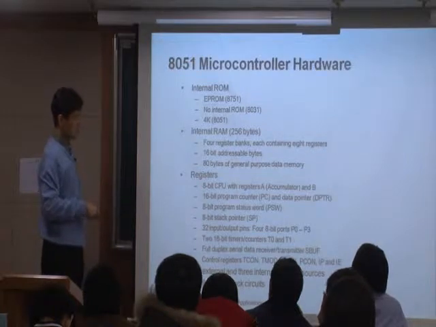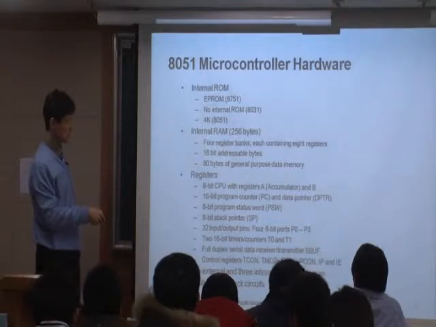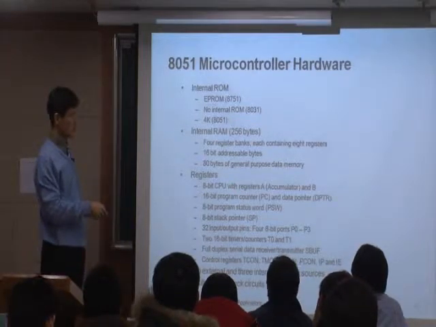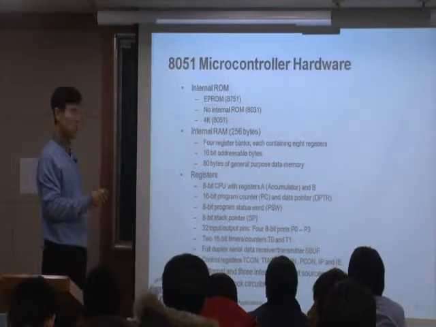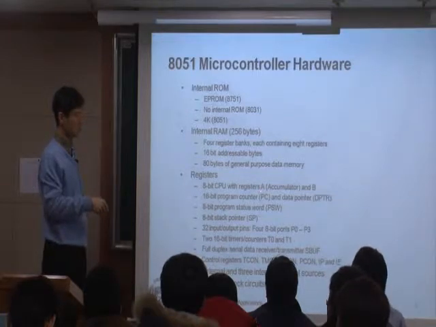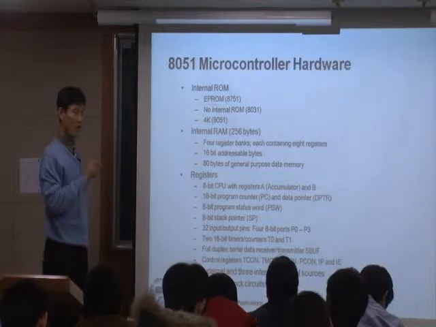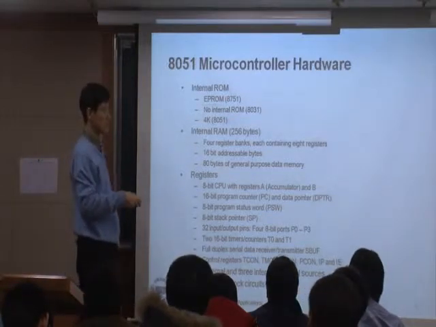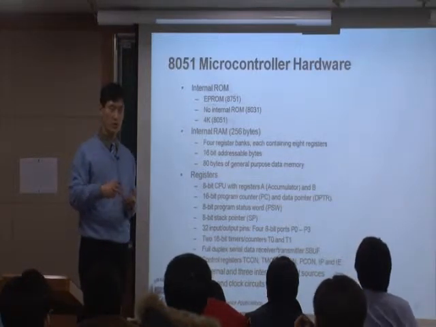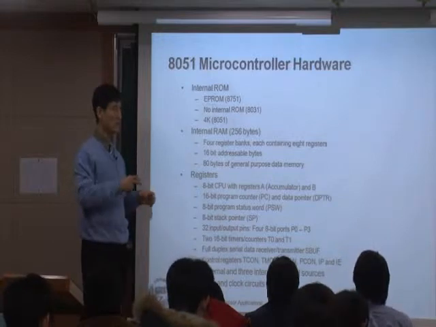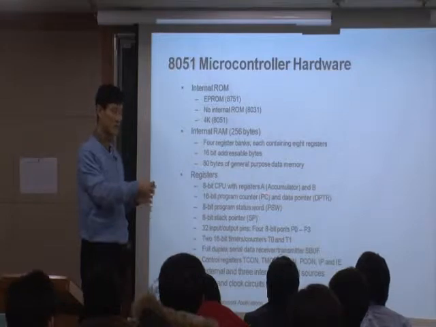There are a lot of registers in the 8051. We'll look at those in detail next slide too. But the most important thing is that you need to remember the names of the registers. First, the most basic and important one is register A. A means accumulator. Pretty much all microprocessors have this register. Intel processors have their own names for registers, and Texas Instruments processors name their registers differently.